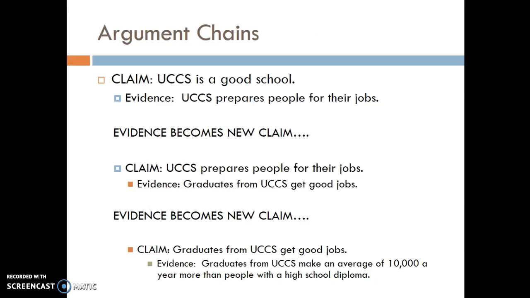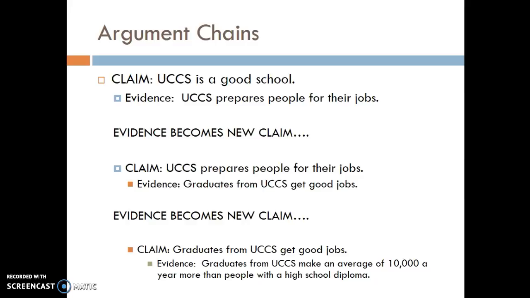Another thing to note about arguments that I think will show up a lot in your own writing is that arguments usually form chains. We build from one piece of evidence to a claim, and then that claim becomes evidence for a new claim, and then that claim becomes evidence for a new claim, and so on, so that we can build complex, elaborate arguments based off very grounded, simple pieces of evidence.